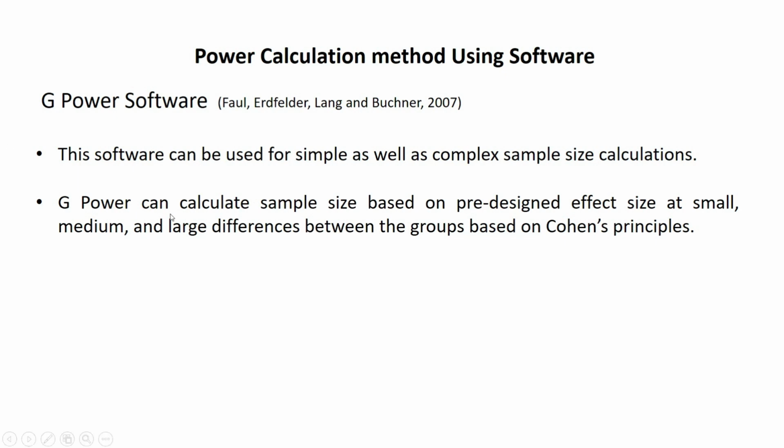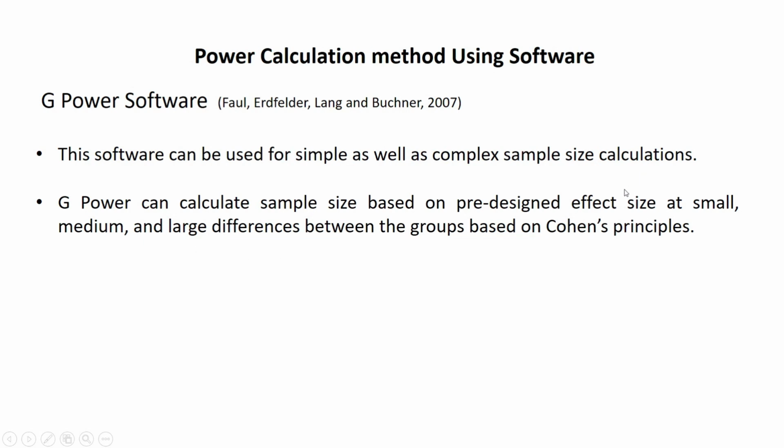So G Power can calculate sample size based on a pre-designed effect size. Here, effect size is important: small, medium, and large, the difference between the groups based on Cohen's principles. Cohen's principles say you have to choose among three effect sizes: small, medium, and large.